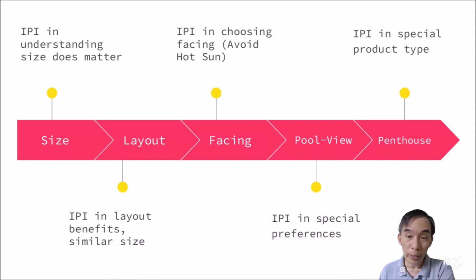Hot afternoon sun would give you a high IPI. Whether having pool view or not, having penthouse, having a different category of product, and therefore having a higher price range for this group of premium product is not seen in this project. So this is a conclusion. I did not see pool view or penthouse scoring at a higher IPI than normal.